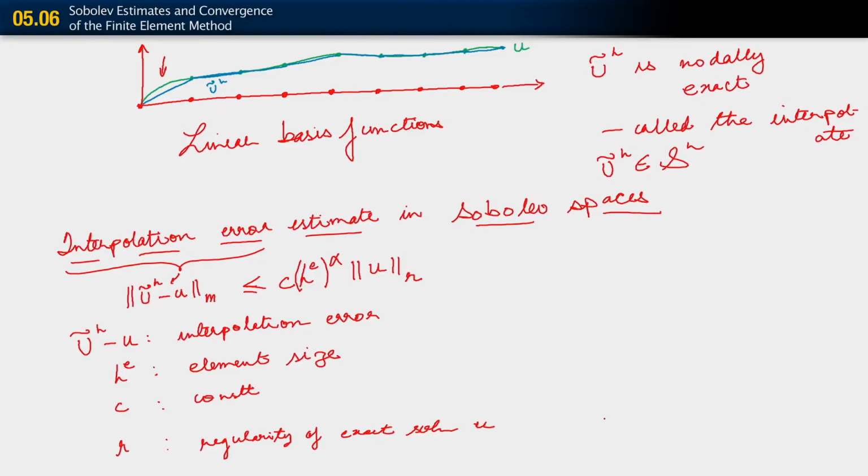Okay, right, so let's just recall that this quantity, the r norm of u, is a measure of smoothness, of regularity, really. r comes from regularity, which is really a measure of smoothness of u. If you have the r norm of u, it means that you can take up to r derivatives of u and still have that quantity bounded, which gives you some sense of how smooth u is.